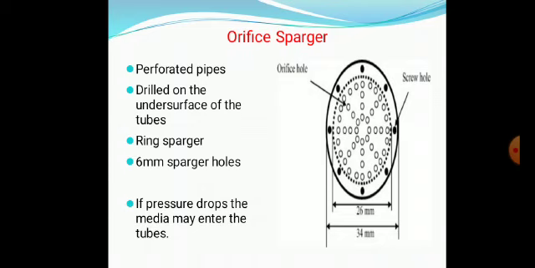So either they will directly drill the holes into the underside of the tube, or on the underside of the tube they will attach ring-like structures containing small holes. You can see the diagram on the right side. It is a ring type, we call it a ring sparger, a ring type material attached to the pipe.